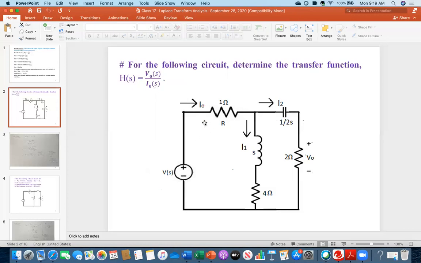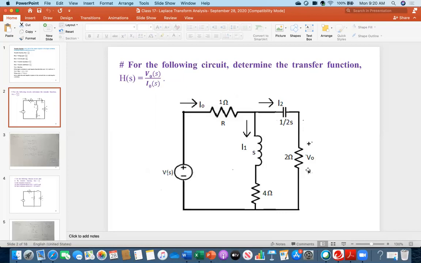So this means that you have to find out this current, I naught. Also, you have to find out the voltage here, V naught. And once you are able to find V naught and I naught, then just calculate H(s). That's all what you have to do.